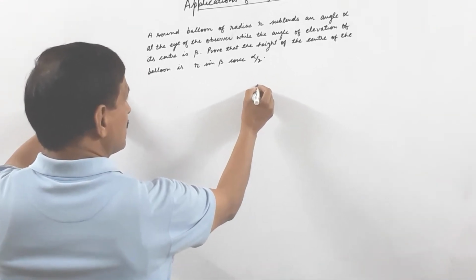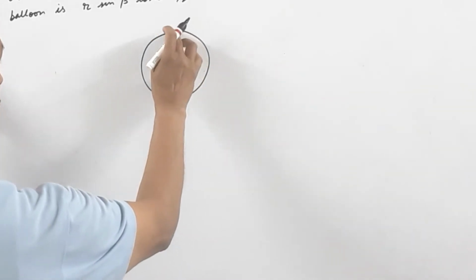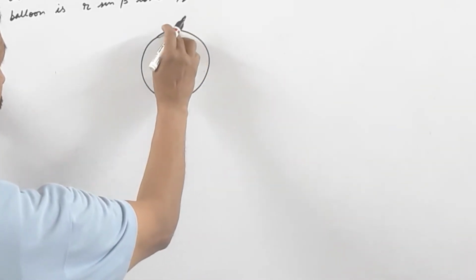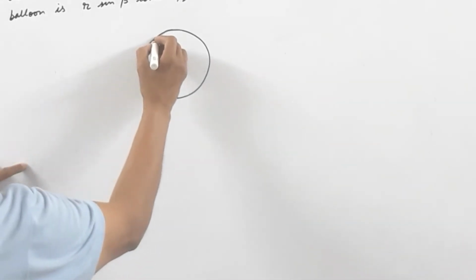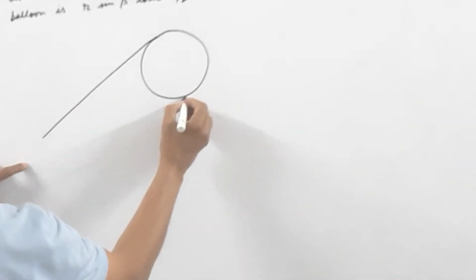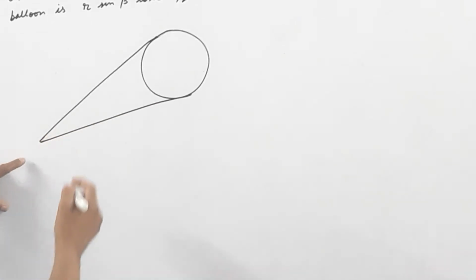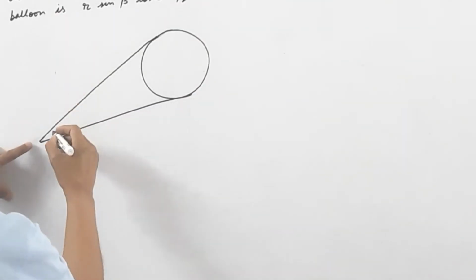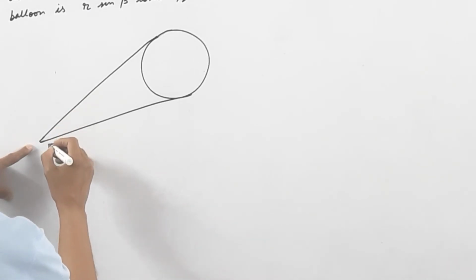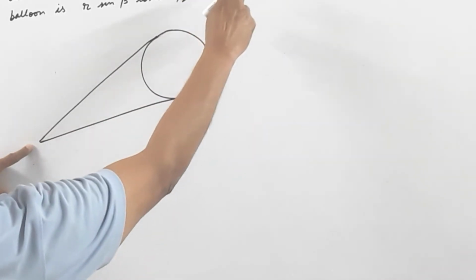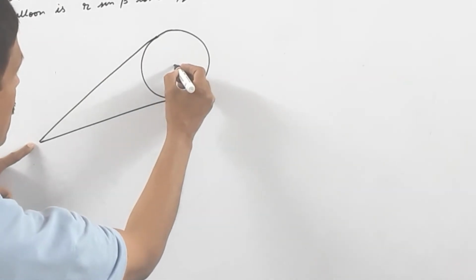This is the round balloon, and here is the observer. It is subtending an angle alpha at the eye of the observer. Elevation of its center is this one.